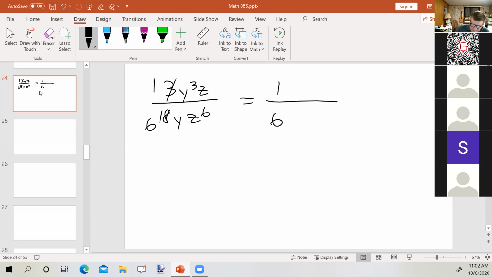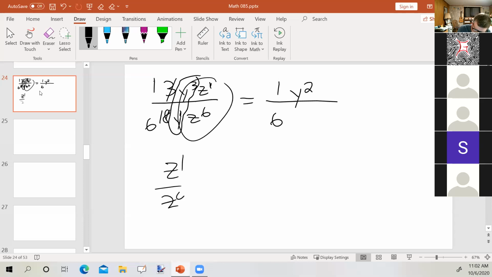Y cubed over y would be y to the 3 minus 1, or y to the 2 power. Keep in mind, if there's no exponent, there's an implied 1 on it, okay? And then z to the 1 divided by z to the 6 would be z to the 1 minus 6, which is z to the negative 5 power.